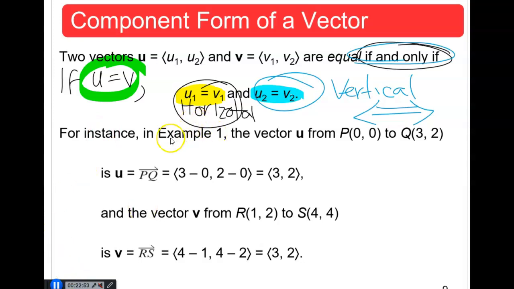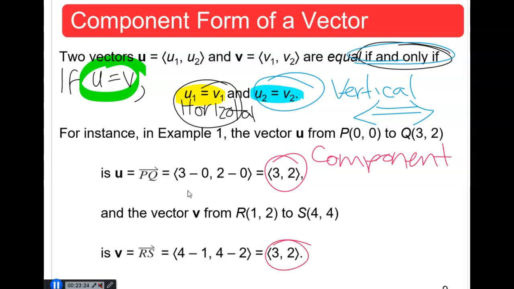So here we have an example for this vector u that has initial point at (0, 0) and terminal point at (3, 2). So we calculate the difference of the components to have it written in component form. This will be the component form, and you can already see the answer for the other one.